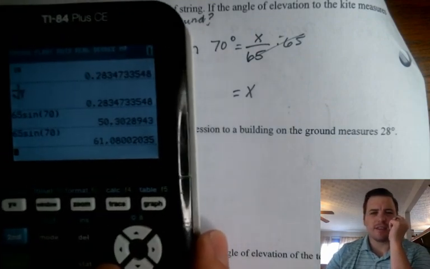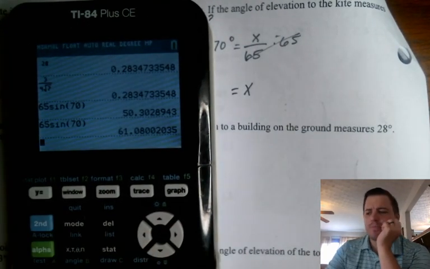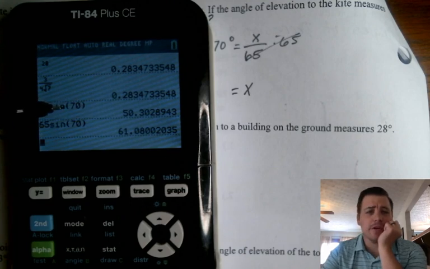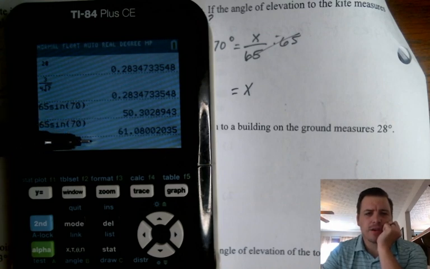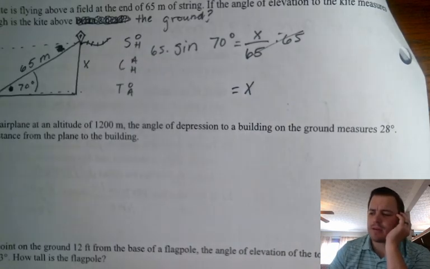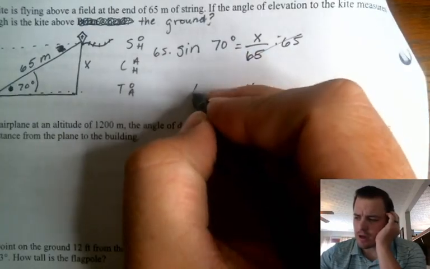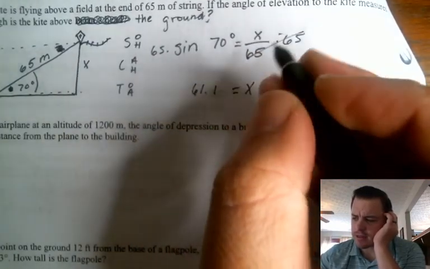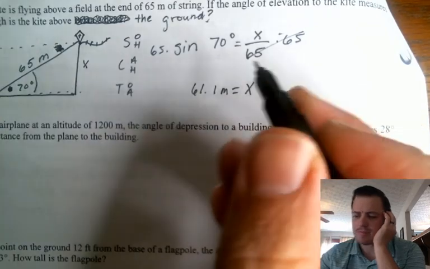So just to give you an example, the top one is in radians, and it will give you an answer, guys, that might not seem that far off. But the bottom one here is the one in degrees. All right. So I got, and we're just going to round everything to the nearest tenth, 61.1 meters. On your homework, round everything to the nearest tenth as well. 61.1 meters.